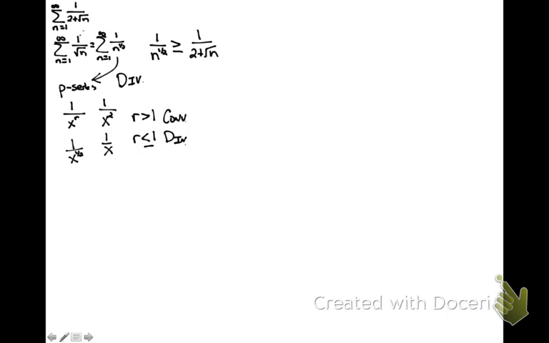Now the problem is that we're comparing what we want to know to something we know, but the known thing diverges. And the direct comparison test doesn't tell us anything in that situation. In terms of divergence, it's actually the other way around. So we said if a known series converges and it dominates the series we want to know about, then they both converge.